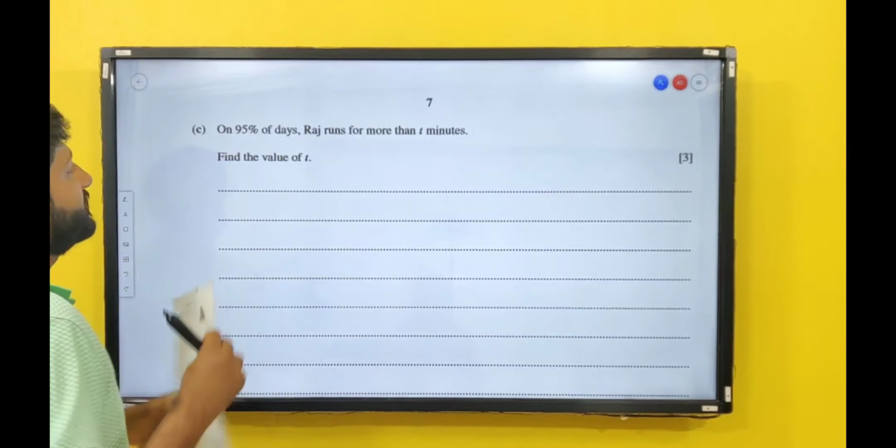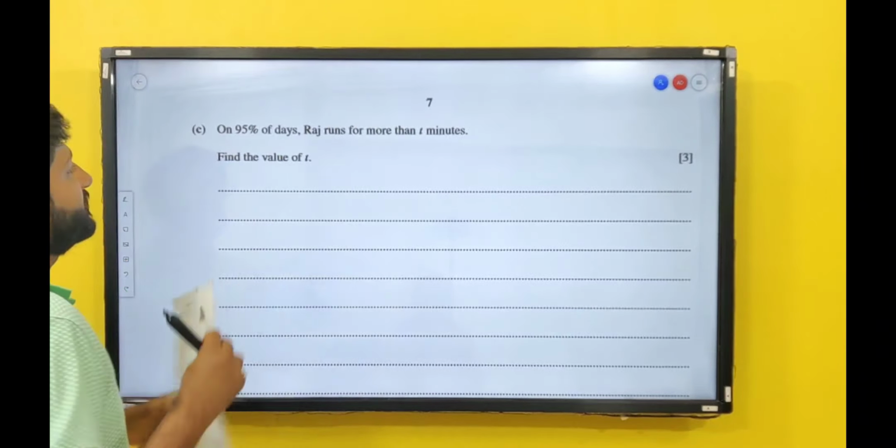So will the t be on the left hand side or on the right hand side? See guys, this table is of normal distribution and the graph of normal distribution is symmetrical. It means the right portion has a probability of 0.5 and the left portion has a probability of 0.5. Right, so assuming I am taking my t here.